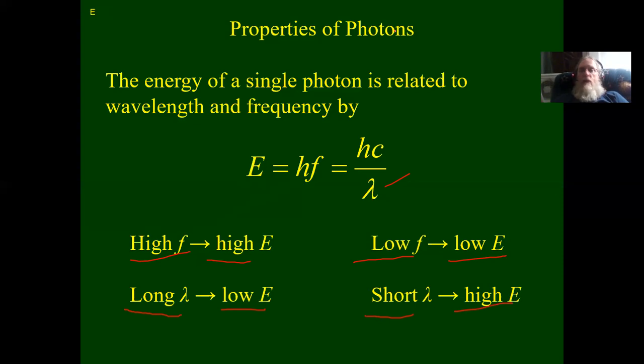And this should make some sense intuitively, because if you look at the wave I'm going to try and make here with my hand. Okay, so this is a low frequency, long wavelength wave. And I don't need to expend a lot of energy to wave my hand this way. Okay, this is easy to do. On the other hand, doing something else, traveling the same speed, but now at a higher frequency and with a shorter wavelength, I have to expend more energy to wave my hand like this.